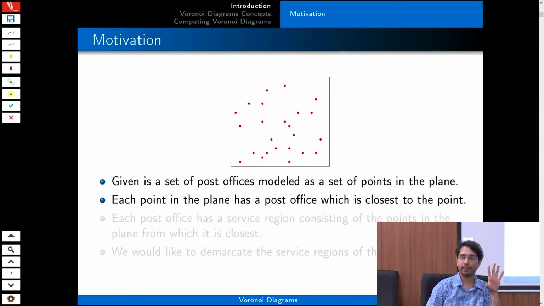Clear problem? How can we model the locations of the ambulances? By points in the 2D plane. So these are the locations. Right?